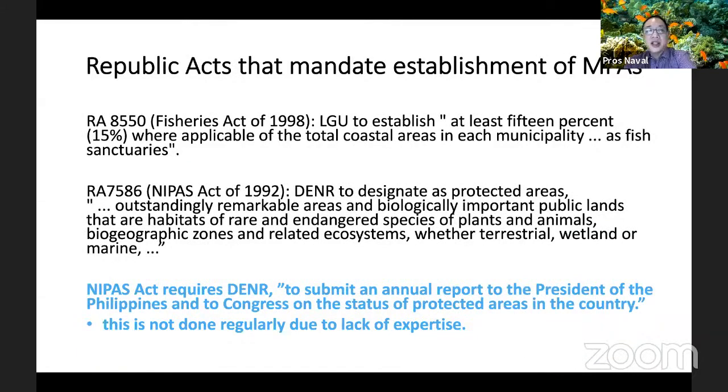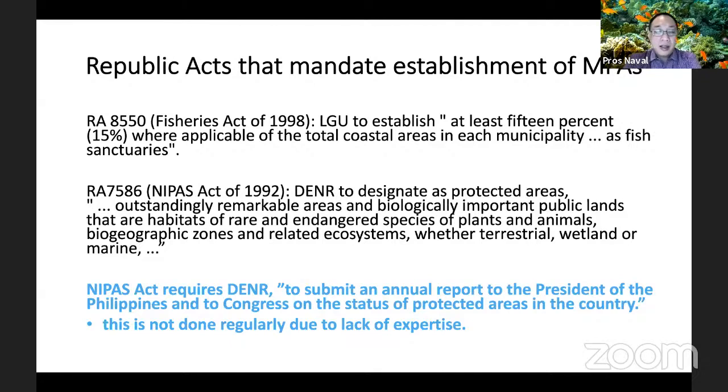So as I've said earlier, the government has done something to establish MPAs, and these MPAs are actually monitored. In fact, the NIPAS Act requires the DENR to submit an annual report to the president of the country and to Congress on the status of protected areas in the country.